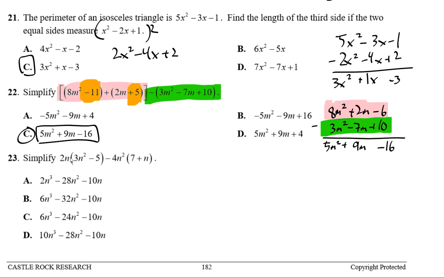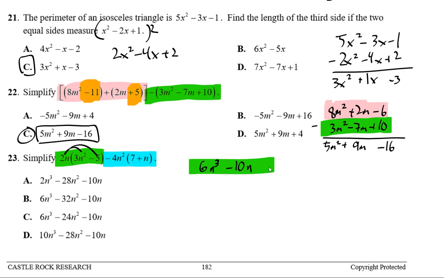Last on this page, simplify that minus that. We're first going to do this multiplication. We're next going to do that multiplication, and then we'll tidy up our like terms. So for the green part, we've got 2n times 3n squared. 2 times 3 is 6. N times n squared is n cubed. 2 times -5 is -10, and the n just comes along.